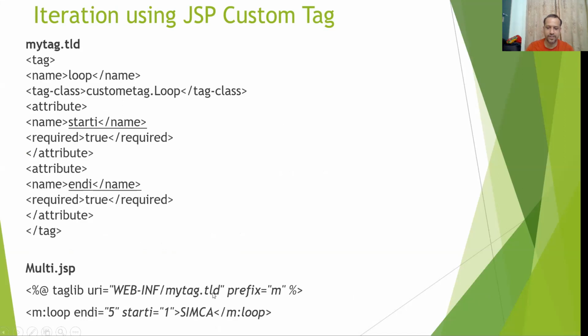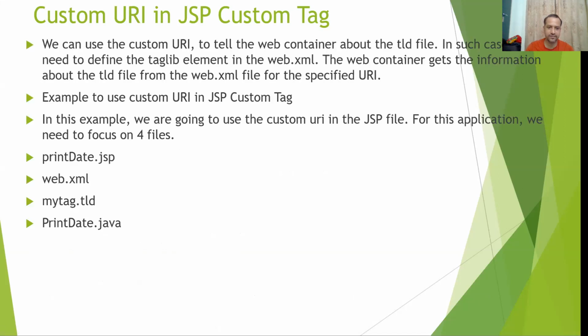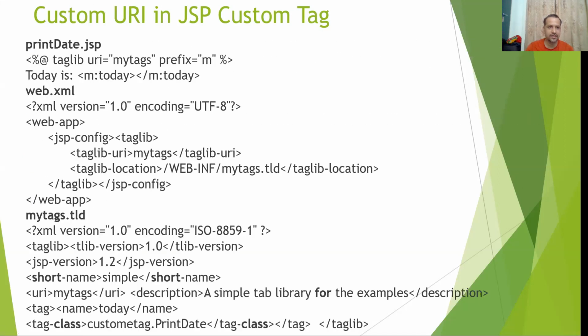But in this case, when I am working with a custom URI, there is no need to mention the exact location; I have given only the value, uri equals mytag. In the earlier example, I had to mention web-inf slash the file name, but in this case we don't need to write the whole thing.